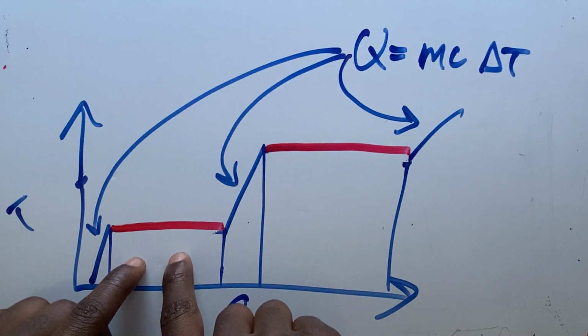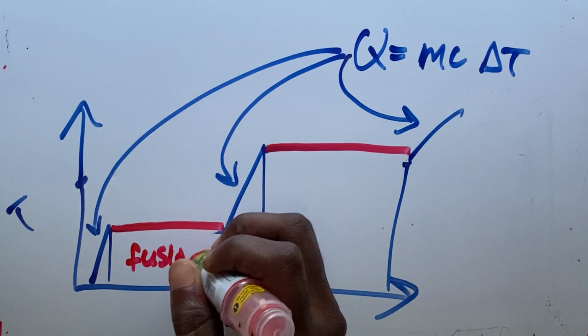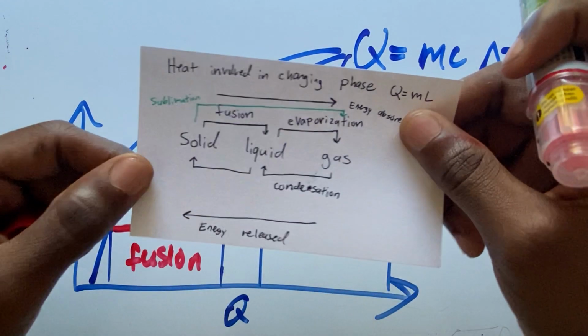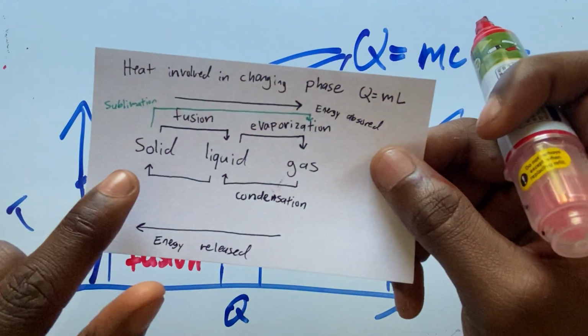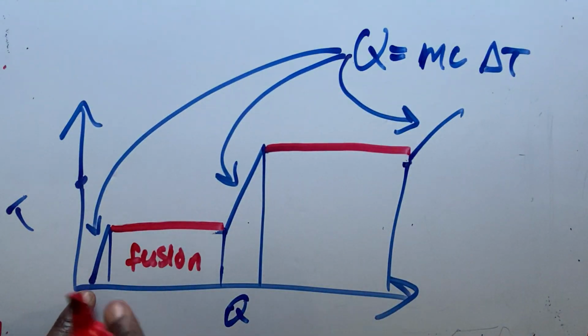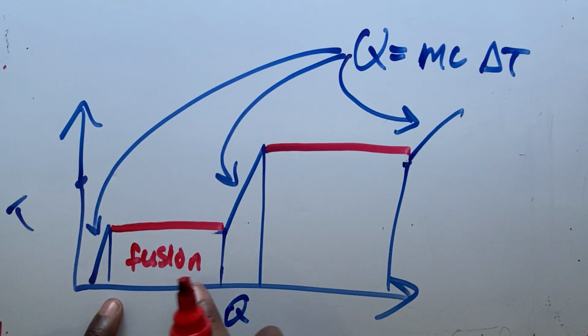So here would be fusion, right? This is fusion. Because from what I said earlier, fusion is when you go from solid to a liquid. So from here, we're going from a solid, which is ice, to a liquid, which is water. So this region here accounts for fusion.